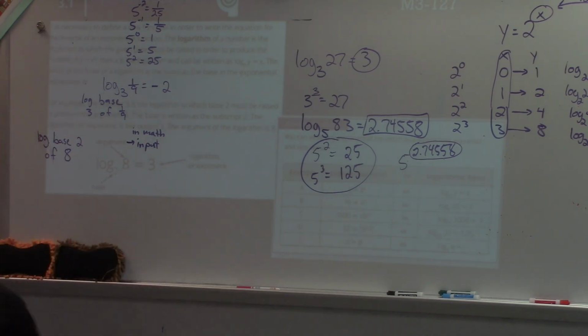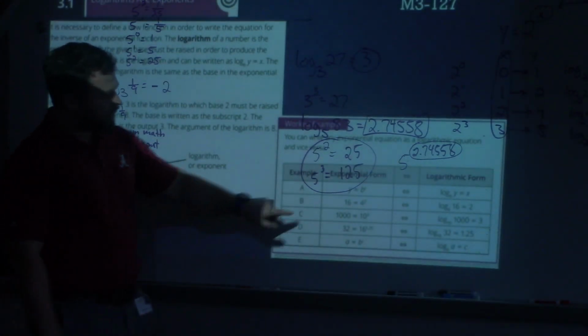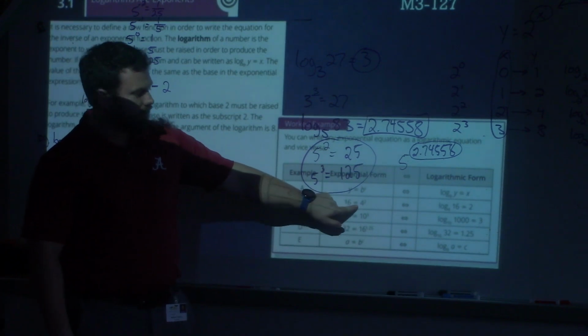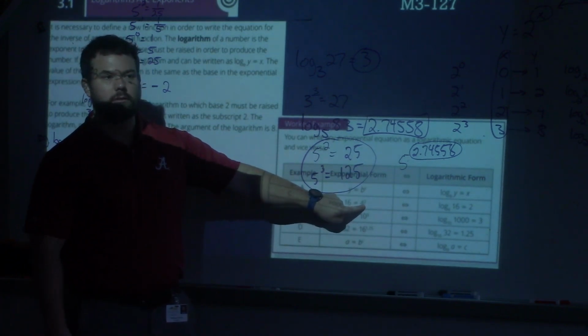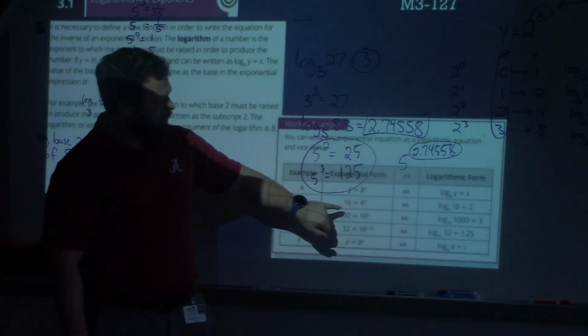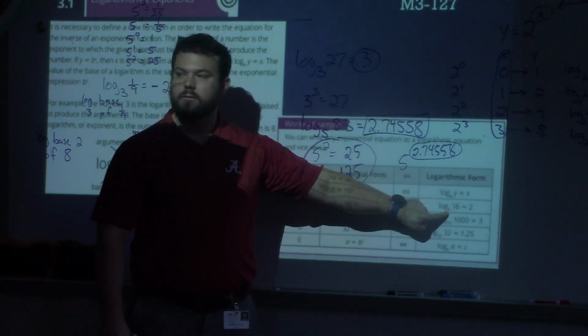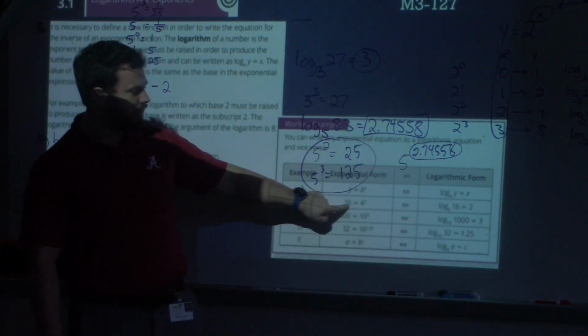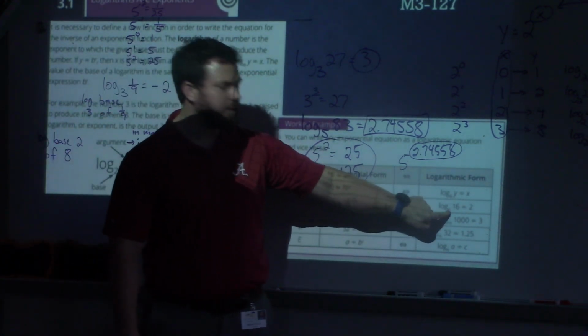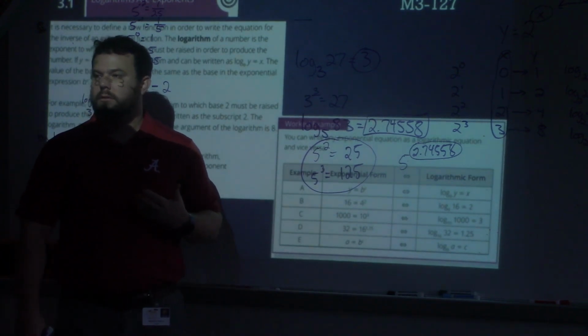I'm just going to quickly show a couple of these, but I want us to get some practice with it. So, right here, I just want to point out, 16, does that equal 4 squared? Is that a true statement? Yes. So then I'm going to do log, and why is it base 4 here? Right next to 16 equals 4 squared, it says log base 4. Why is it base 4 for that logarithm?